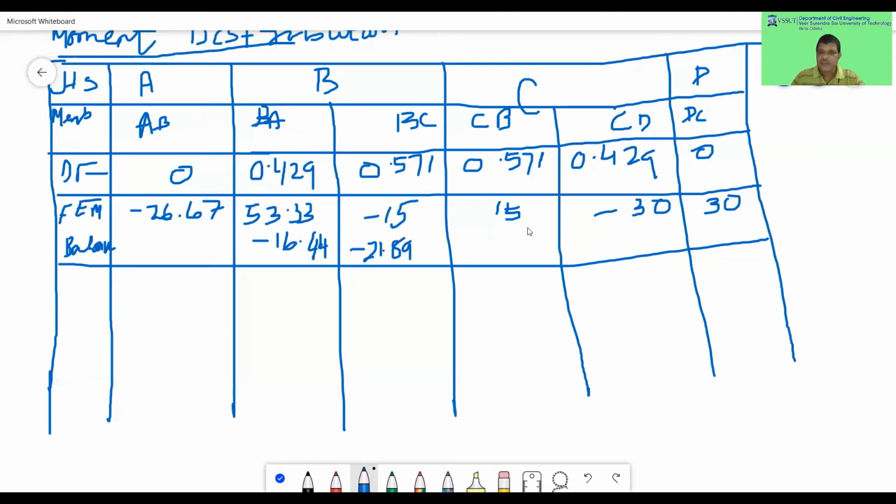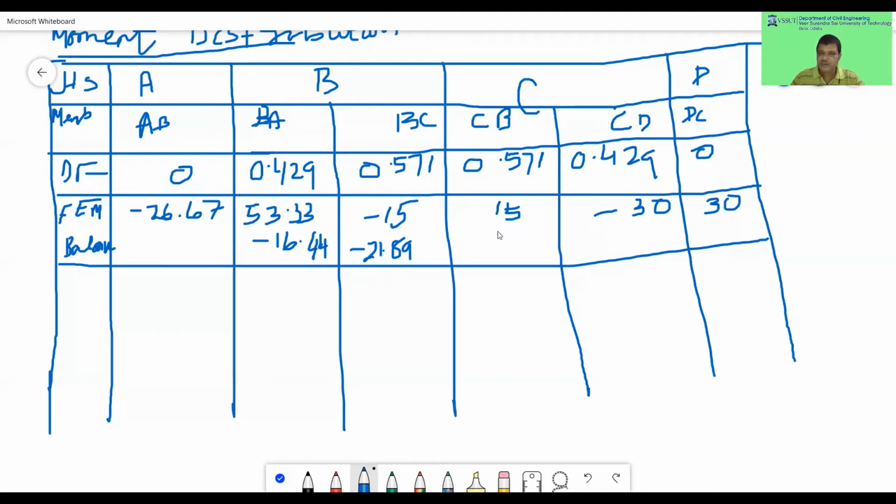So come to this joint C. Okay, we have the CB and CD. We'll find the joint C. Now here, what is the unbalanced moment? The unbalanced moment is 15. Now 15 and minus 30.